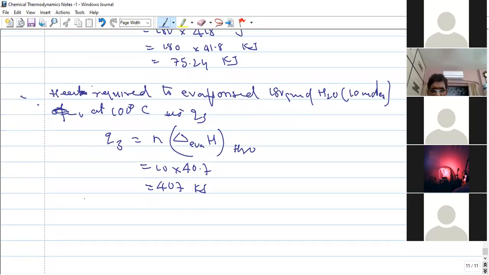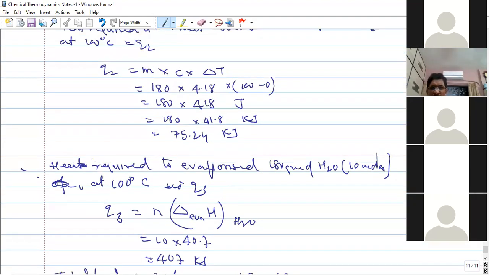Now, total heat required is equal to Q1 plus Q2 plus Q3. What is Q1? 60.1.